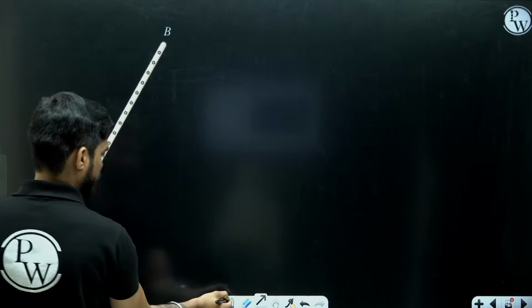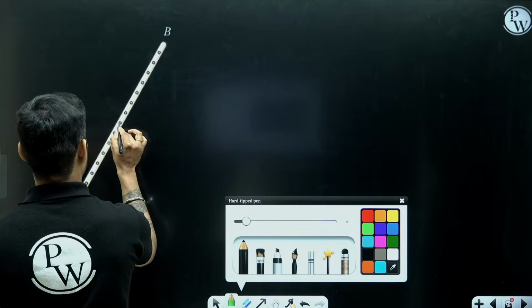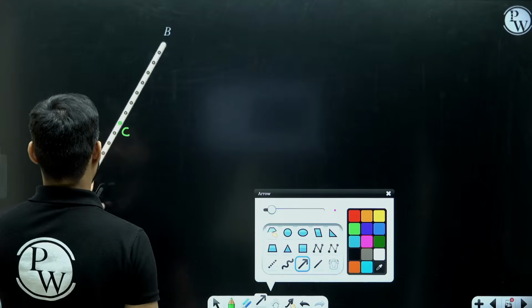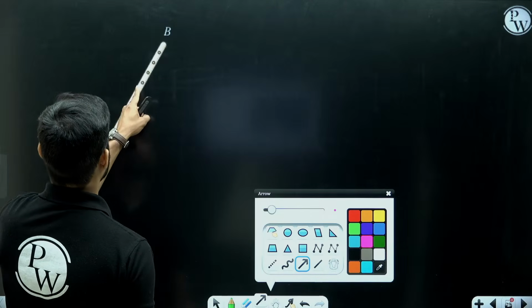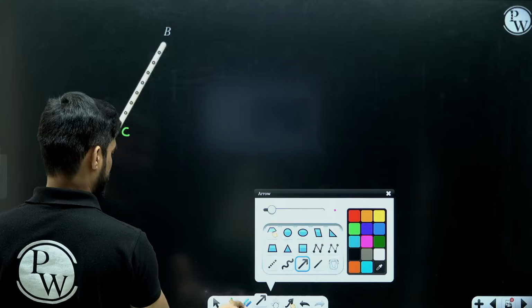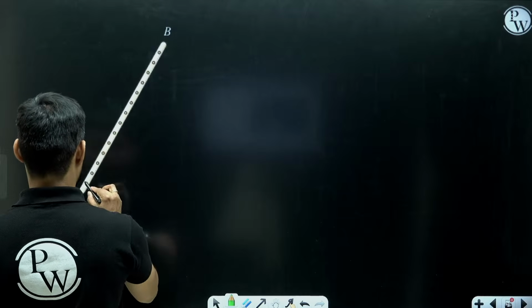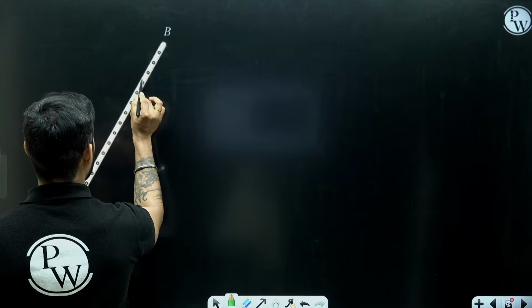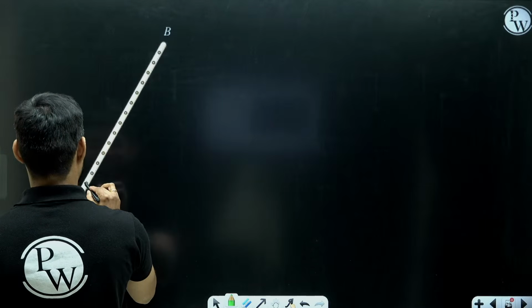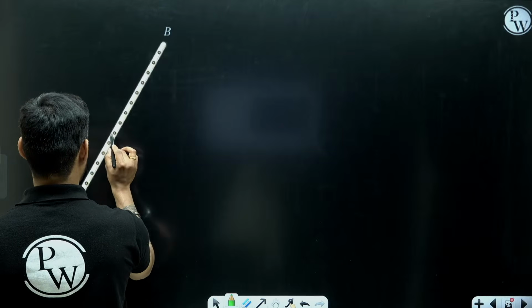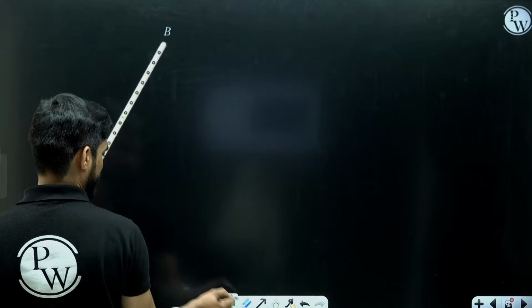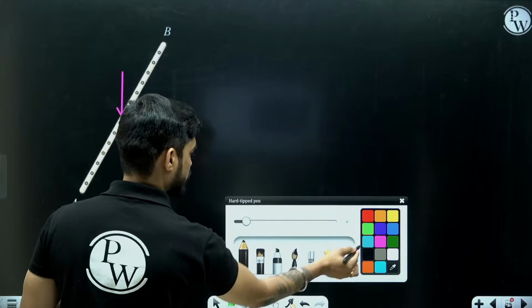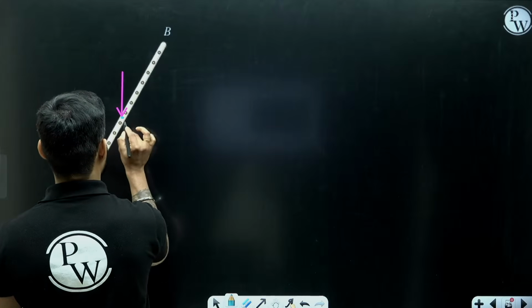This is the center. Here will be the center.